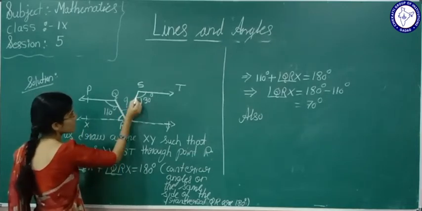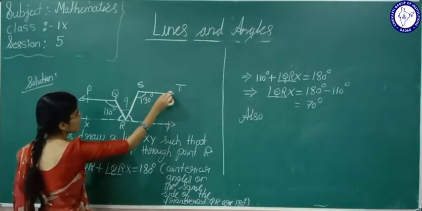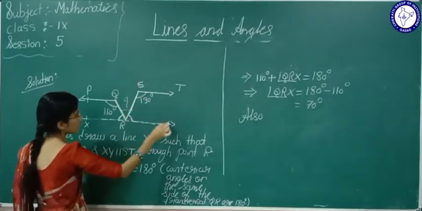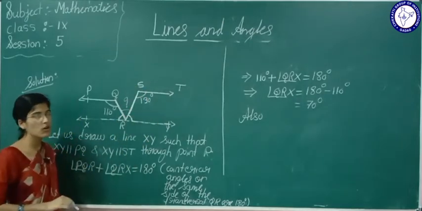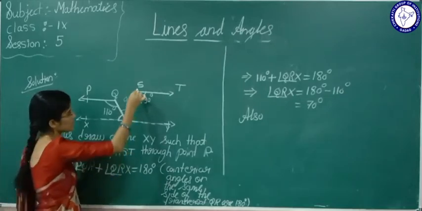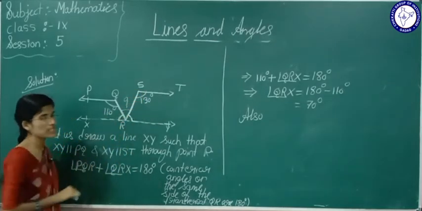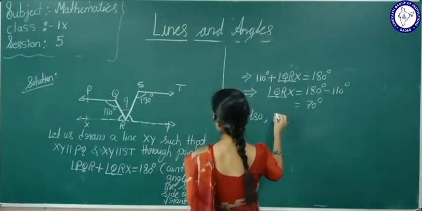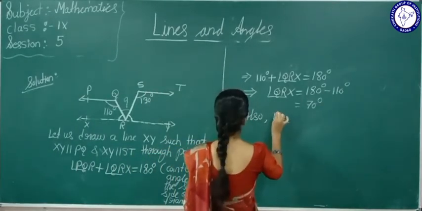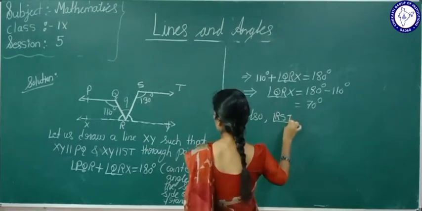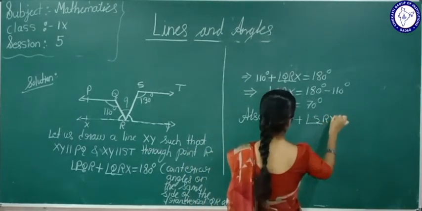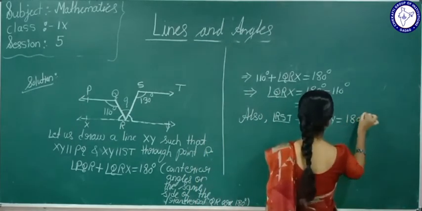Here also we can say angle TSR plus angle SRY is equal to 180 degrees. Co-interior angles on the same side of the transversal, that is SR, are supplementary. Also angle RST plus angle SRY is equal to 180 degrees.